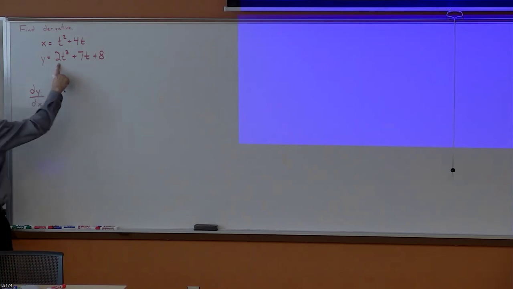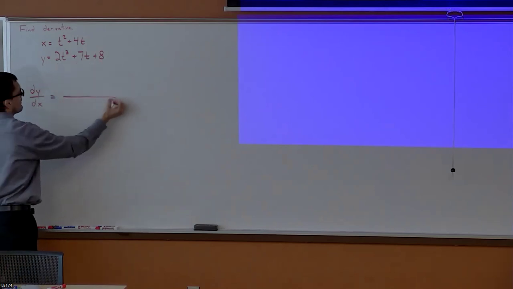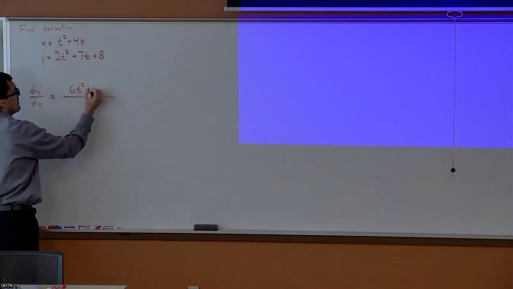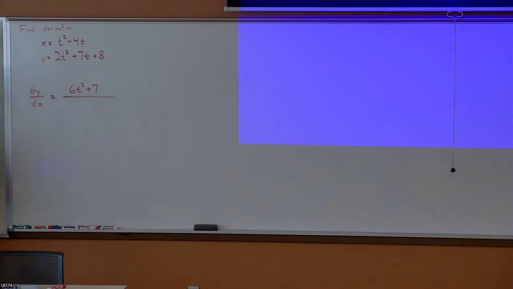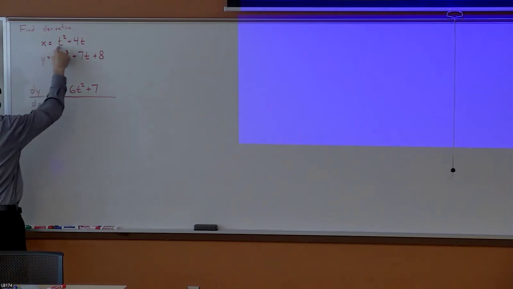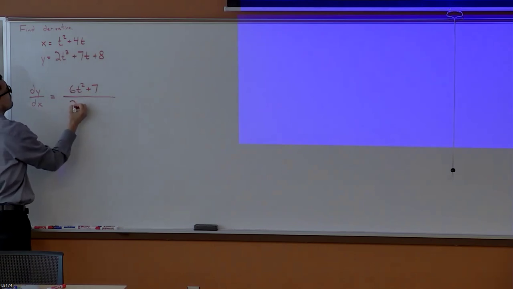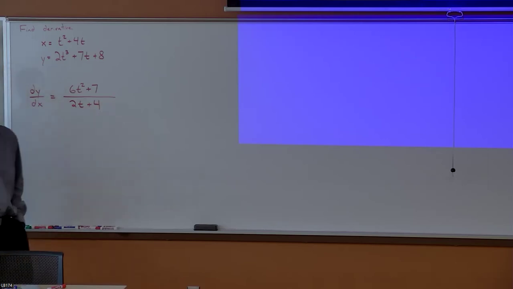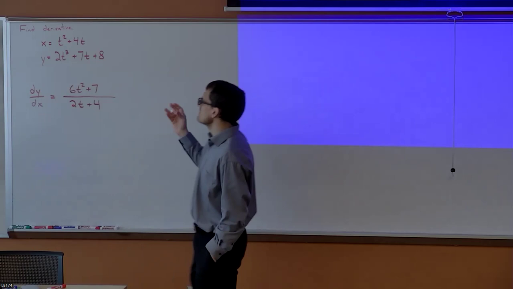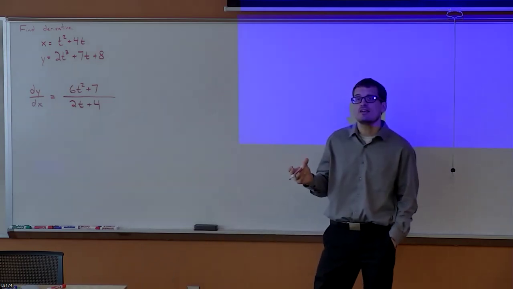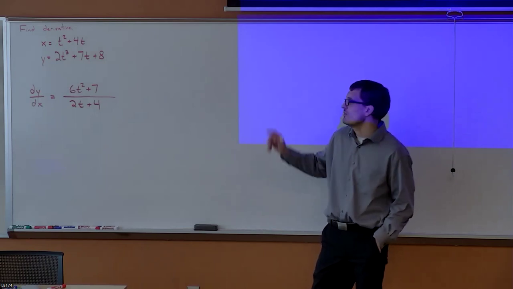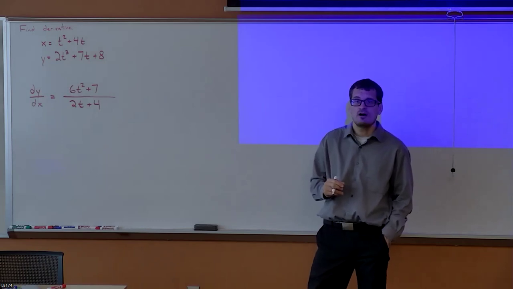So all I have to do is take the derivative of the y function, which is 6t squared plus 7, and put that in my numerator. Then take the derivative of the x function, 2t plus 4, and put that in the denominator. And this allows me to find the slope of a tangent line as long as I know what t I'm talking about. For any value of t now, we can easily find the slope of the tangent line.